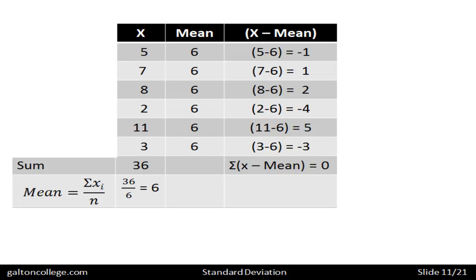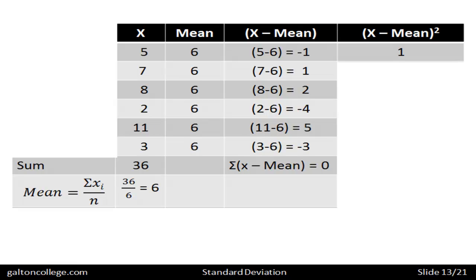So that doesn't get us very far. What we need to do is get rid of the minus signs. And the trick here, or the way to do that, is to simply square it. So if we square it, we're going to get minus 1 times minus 1, which is 1. 1 times 1 is 1. 2 times 2 is 4.